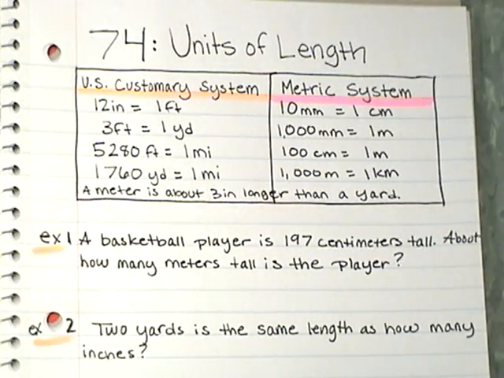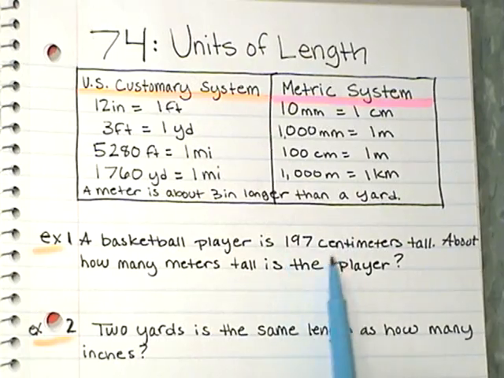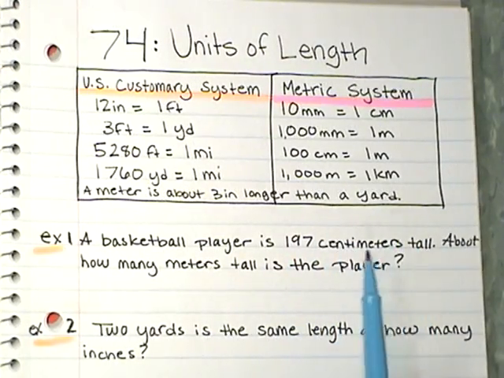Okay, and if we look at our chart, we can see that 100 centimeters equals a meter, and we have 197 centimeters. So it's pretty close. That is pretty close to 200. So we're going to round up to 200 centimeters.